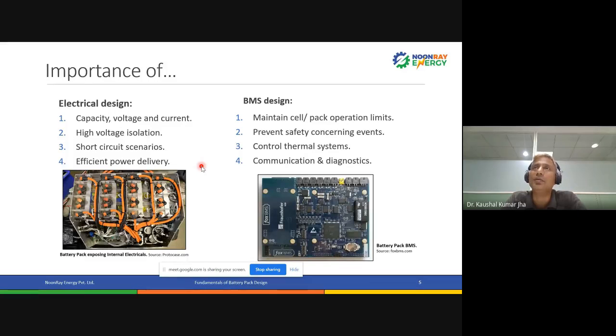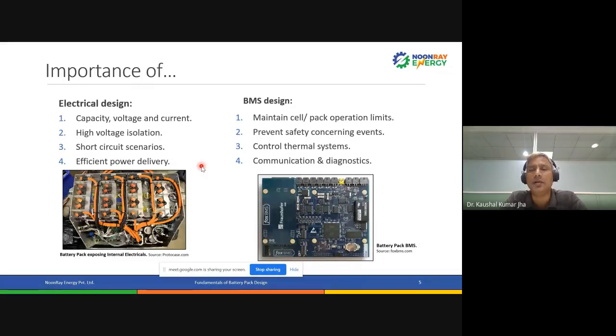Obviously, it should give you some trigger at 55 or 50 that your temperature is rising, so either you slow down or park at the side. But after 60 degrees, it should absolutely cut the battery pack.